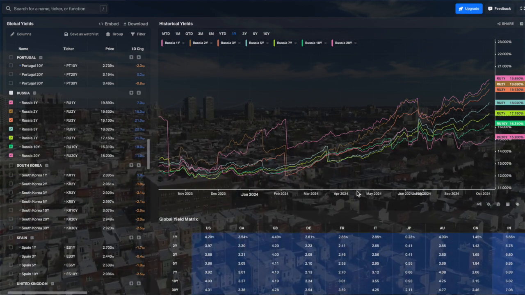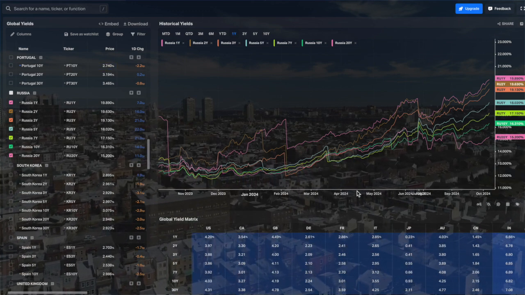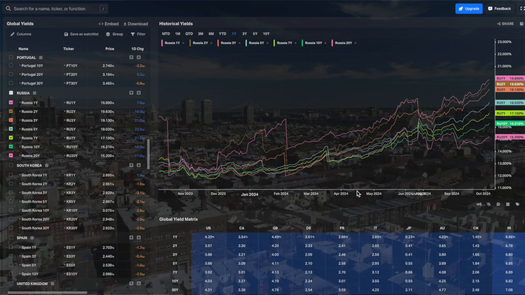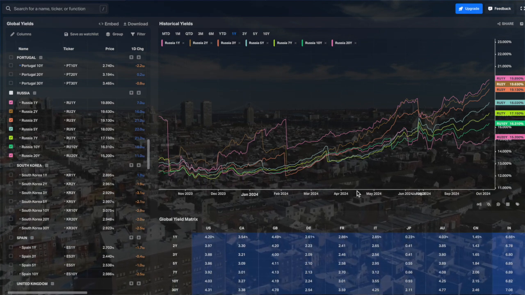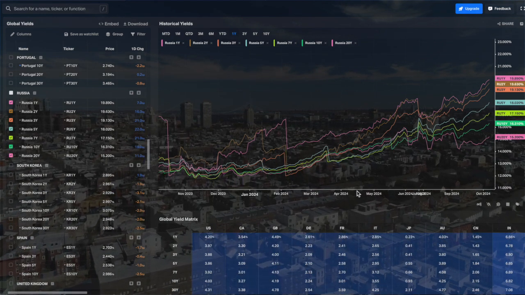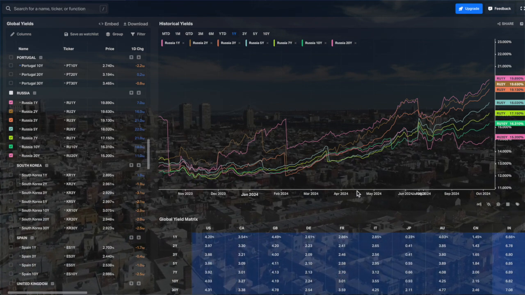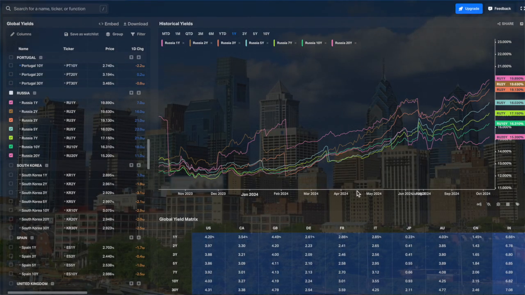That's how you should interpret the yields when you see a 20% yield. This is what's happening in Russia right now, 20% yield on bonds. It means that investors require at minimum a yield of 20% per year to even consider lending money to Russia, right? This is exactly what we're looking at right here.